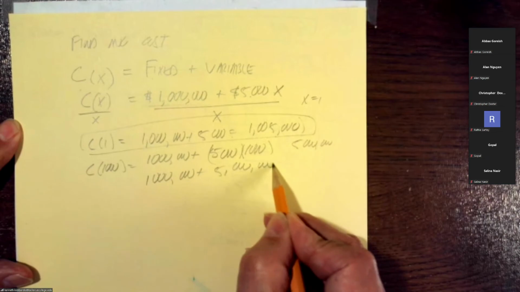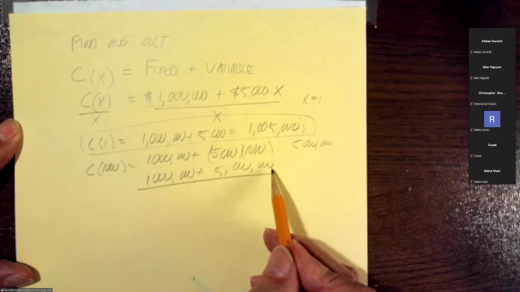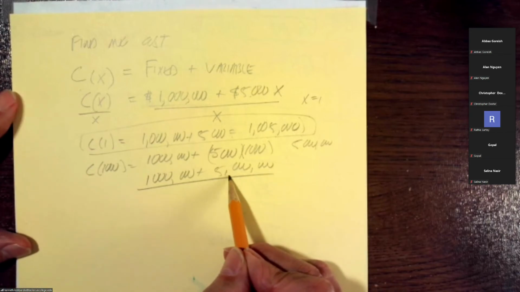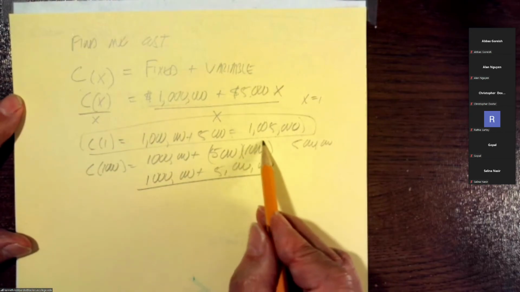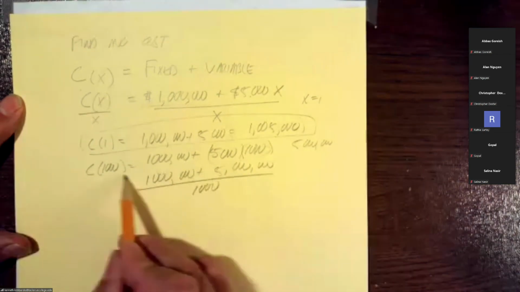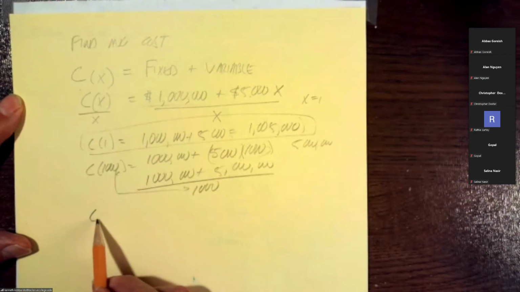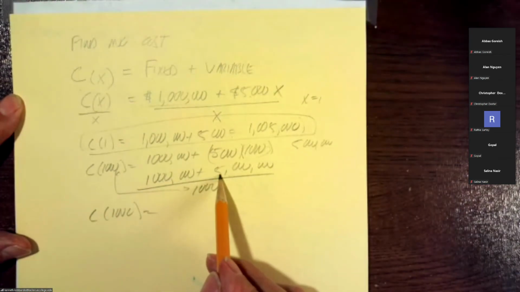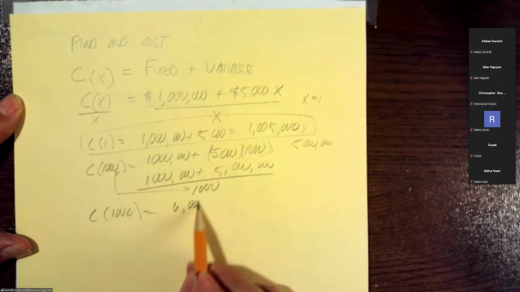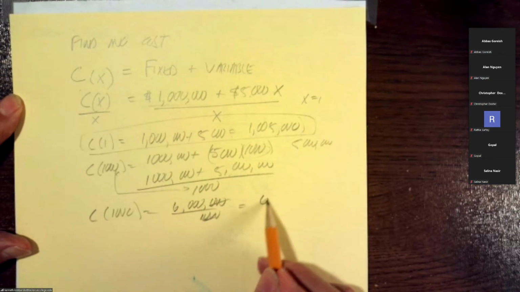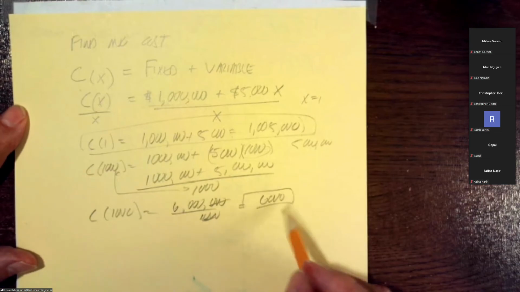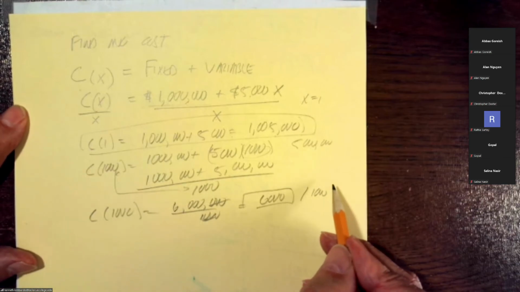Yeah, that's another 5 million, isn't it? Okay, and then we're going to divide that by the number that we're building. How many are we building? We're building 1,000. Okay, that's this value. So now the average cost for 1,000 units is 1 million plus 5 million. That's 6 million divided by 1,000. So now my average cost is 6,000 if I'm building 1,000 units.